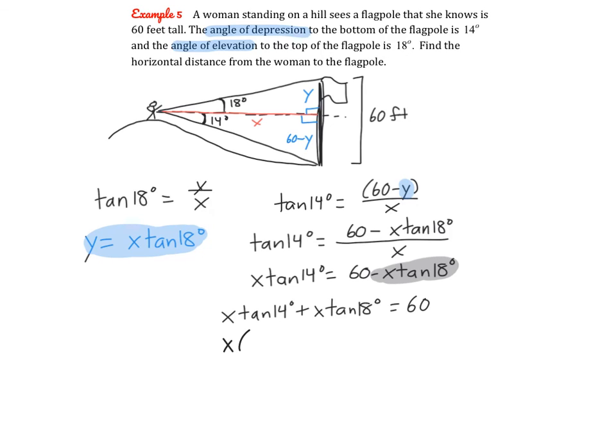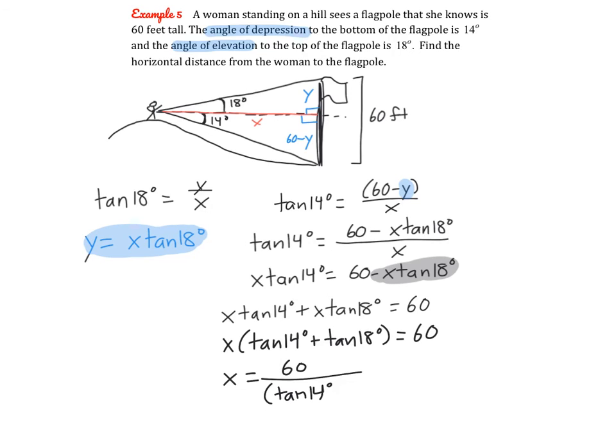So I get x times the tangent of 14 degrees plus the tangent of 18 degrees equals 60. And then if I divide both sides by this entire thing, I have something that I can plug into my calculator to get a decimal approximation.